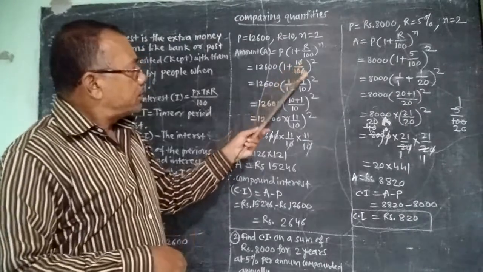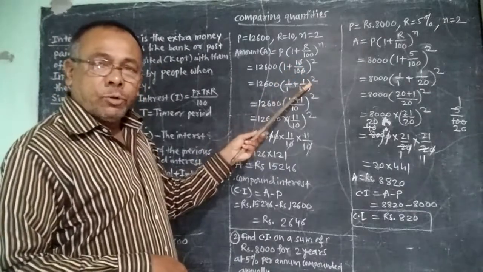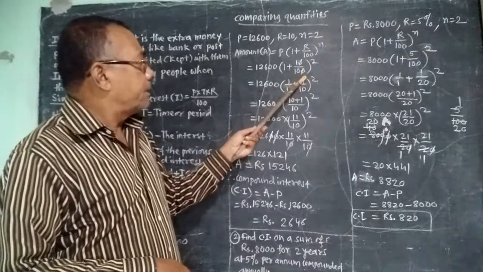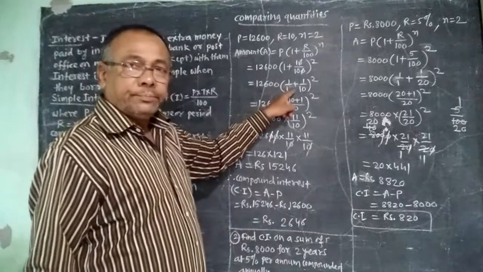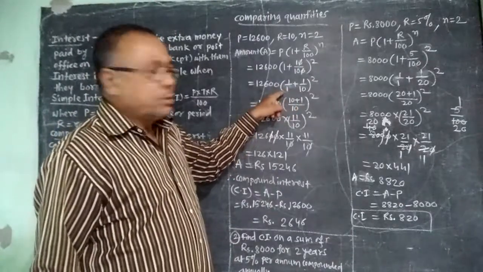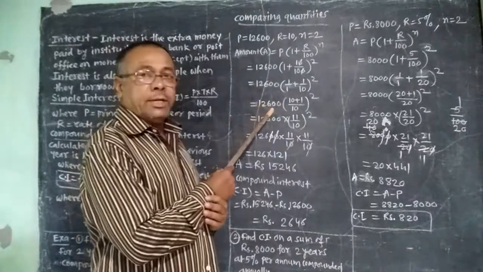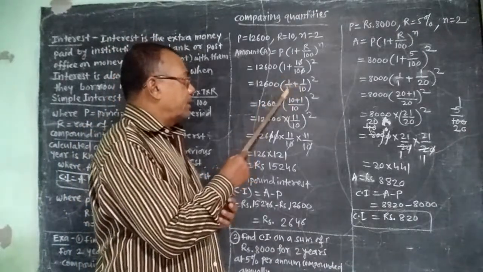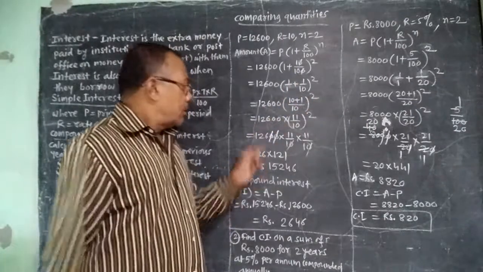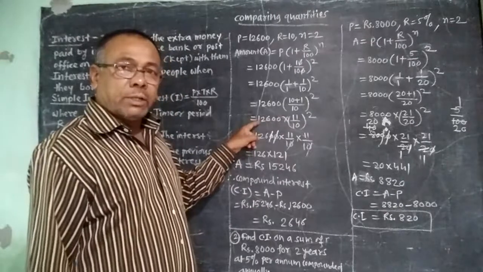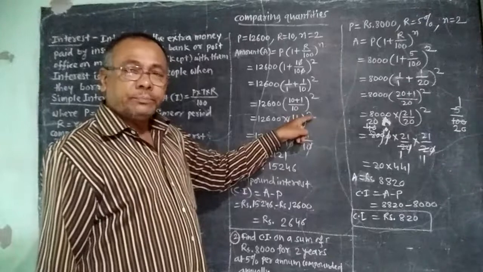Here if we cancel unit place 0 of numerator and denominator of 10 and 100, we will get 1 upon 10. But for the addition, denominators are not same, so we have to cross multiply. So we will get 12,600 into (10 ones are 10 plus 1) divided by 10 squared. Then we will get 12,600 into (11 upon 10) squared.